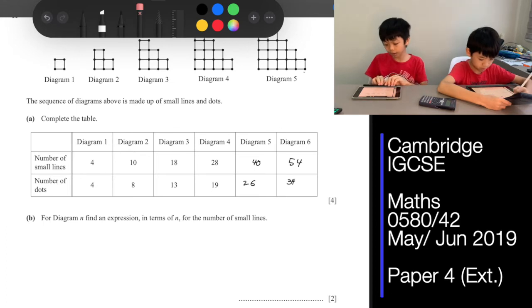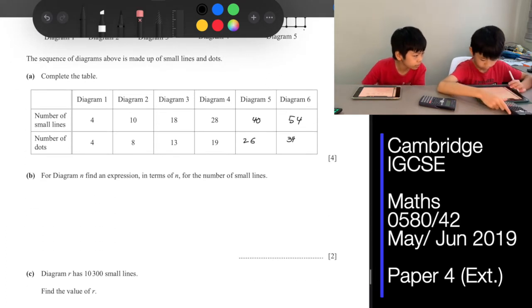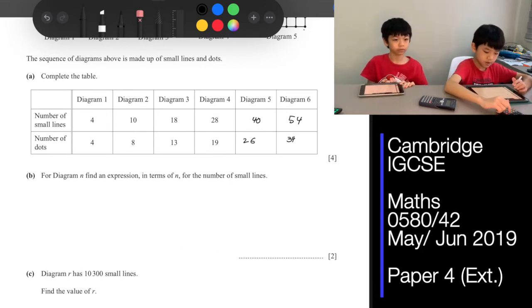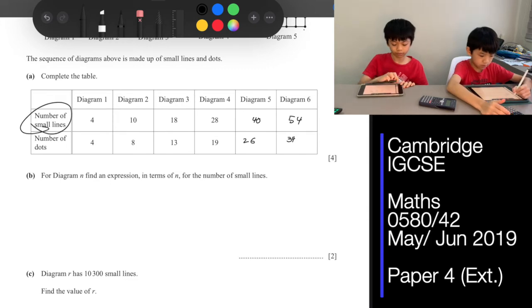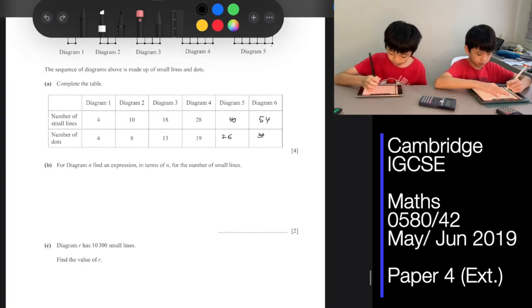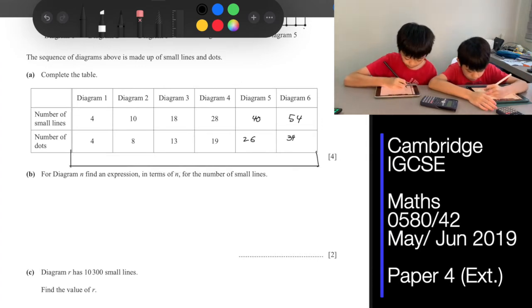Okay, for question 11b, for diagram n, we need to find an expression in terms of n for the number of small lines. So the way to do this, first we draw another row.